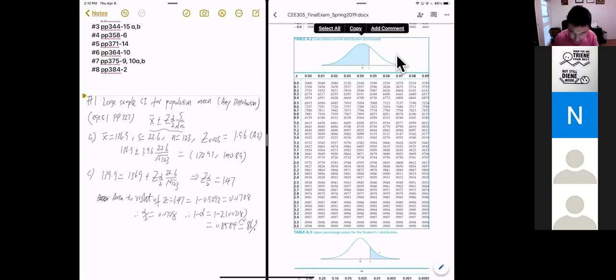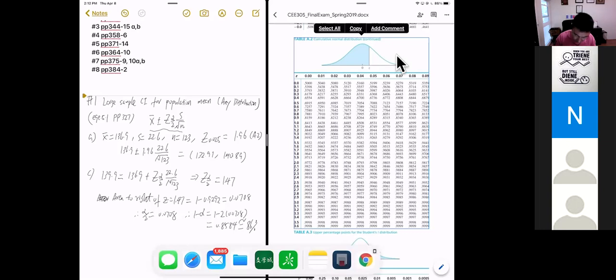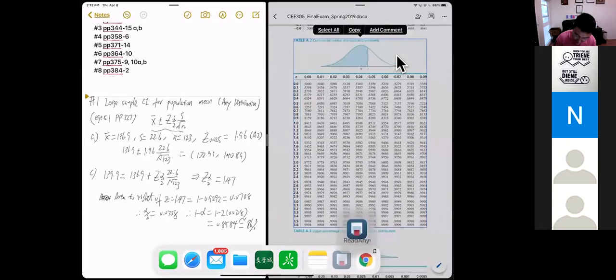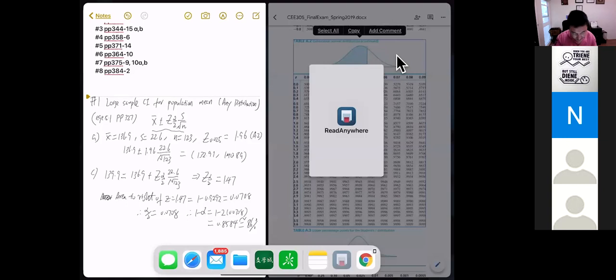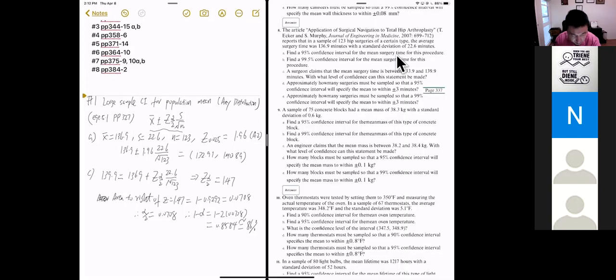So the level of confidence is 86%. Again, we use the same equation and calculate backwards. So that is part C of the first question.